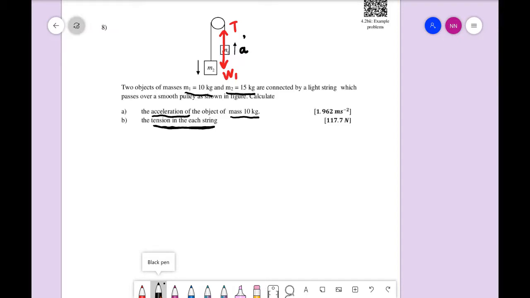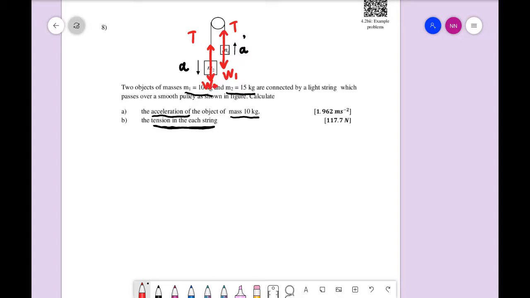If M1 accelerates upward, then M2 will accelerate downward. It is synchronized because they are in one system. For M2 it has tension, the same as tension for M1, and it also has weight 2.